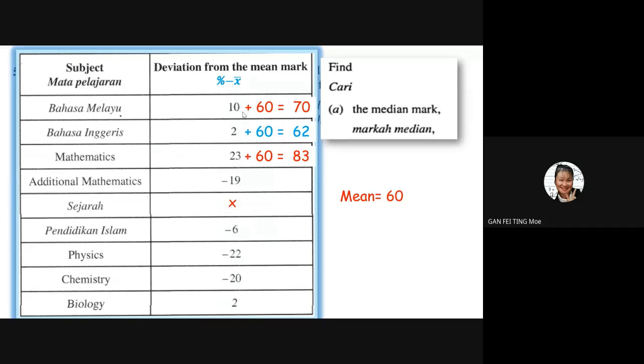Okay, very good. Then, Aston, what is your marks for additional mathematics? 41, okay. So, Vinesh, what is your marks for pendidikan Islam? 54. 54, okay.